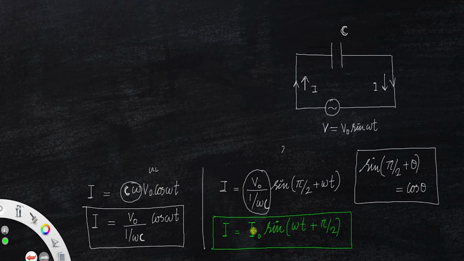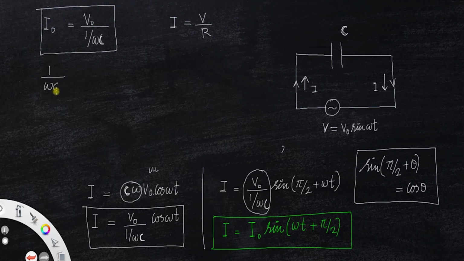When you compare these two equations, I0 is actually V0 divided by 1 by omega C. When you compare this equation with Ohm's law, current I is equal to voltage by resistance, here the 1 by omega C stands for resistance. But this time it is not the resistance offered by a resistor, it is the resistance offered by the capacitor. So we call that capacitive reactance.